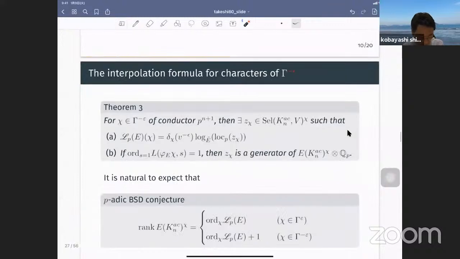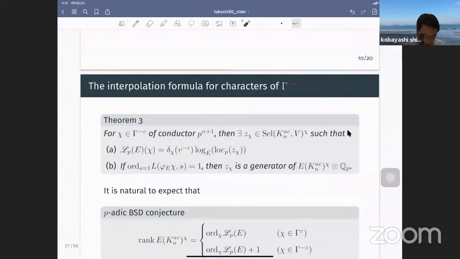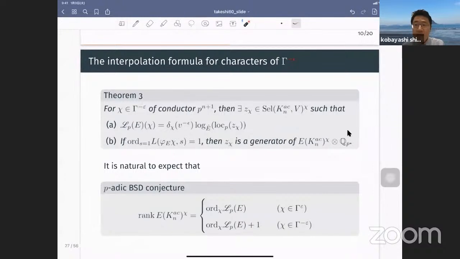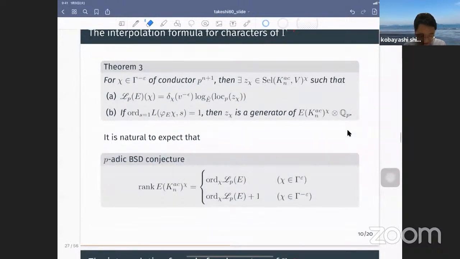And looking at this theorem, it is this interpolation formula. It may be natural to expect the p-adic BSD conjecture in this setting, like this. And there's an extra +1 because of the root number here.